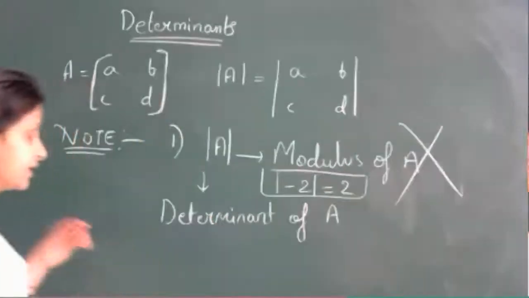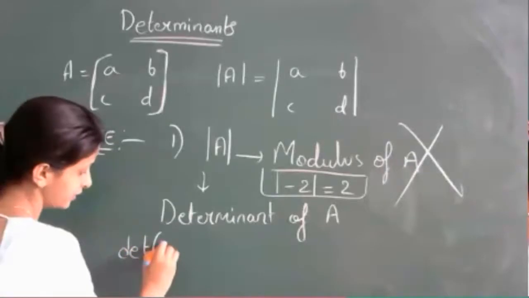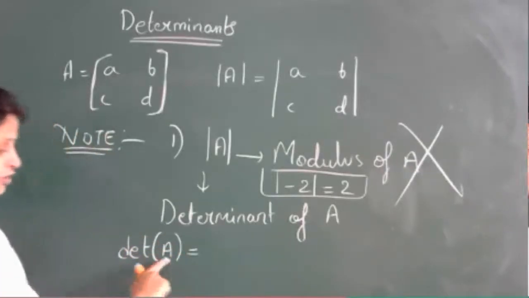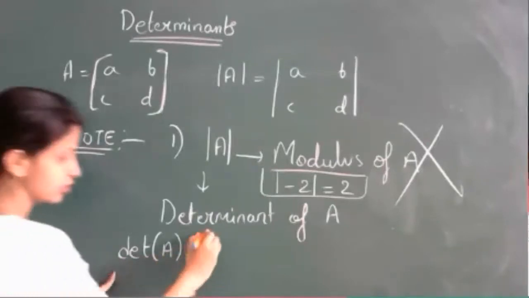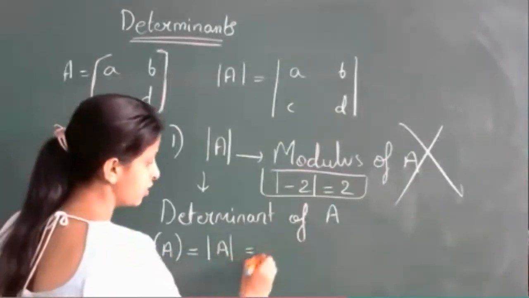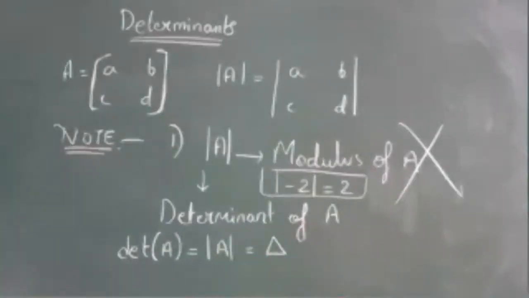In fact, we can denote determinant also as determinant of A. We can denote the determinant of the matrix A like this, or like this, or by a single triangle. Right?